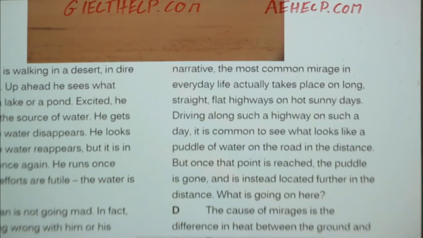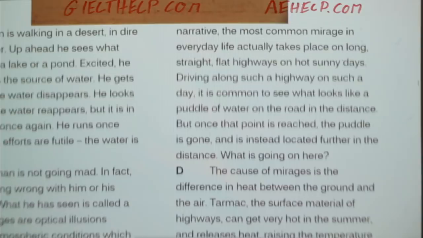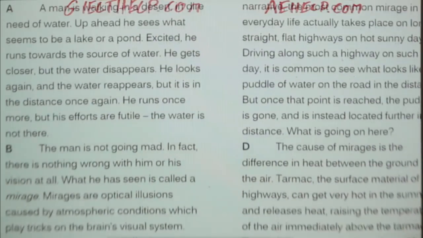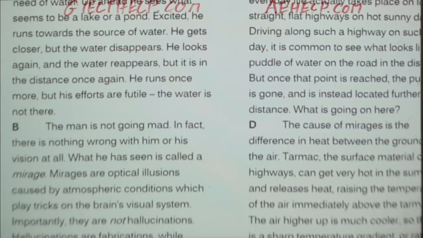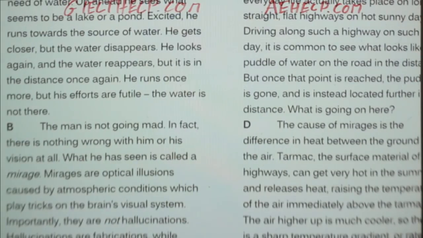Okay. So remember, for body paragraphs, where do we find the answer? Absolutely. If you want to get 7, 8, or 9 on IELTS, you need to read the whole passage. But usually the answer is in the first sentence.